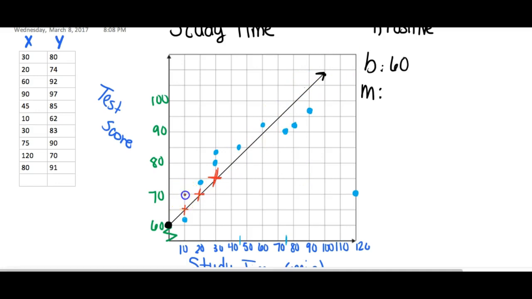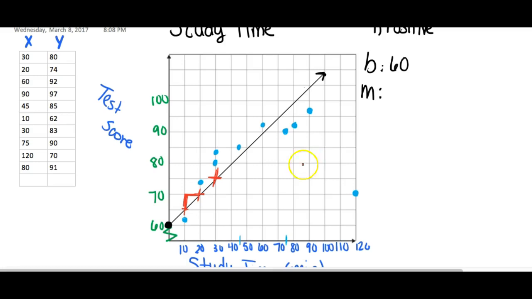Remember, it's rise over run. In this case, I went up 1 square and over 1 square, but our squares are not listed one by one. On our y-axis, we are changing by 5. On our x-axis, what are we changing by? Good, we're changing by 10.